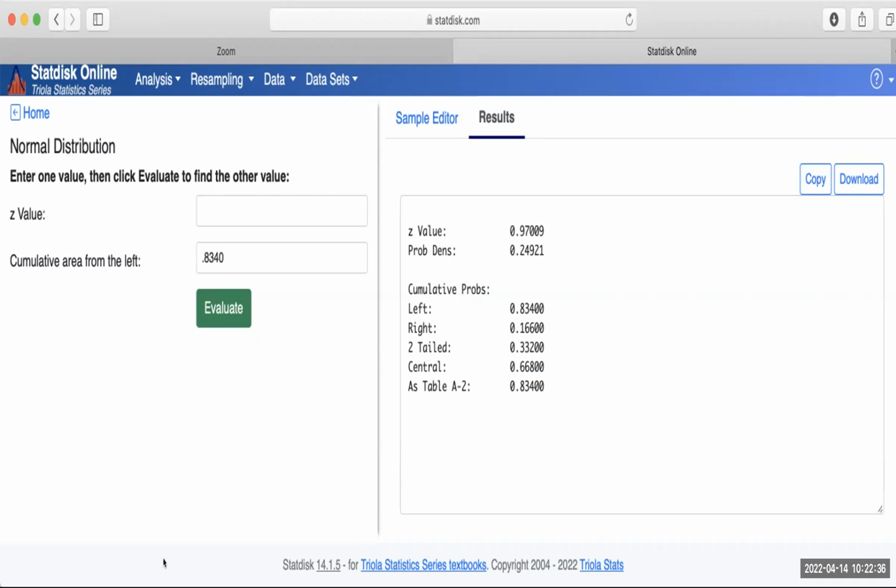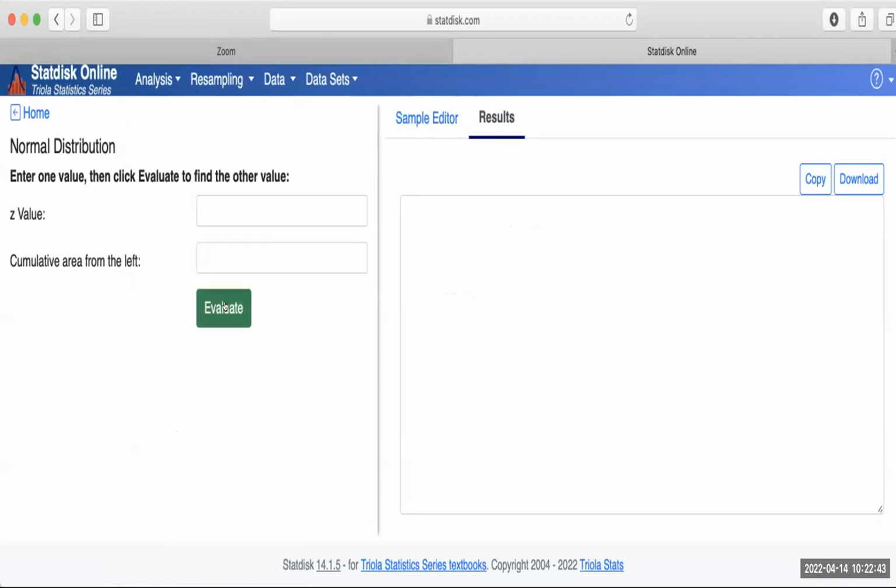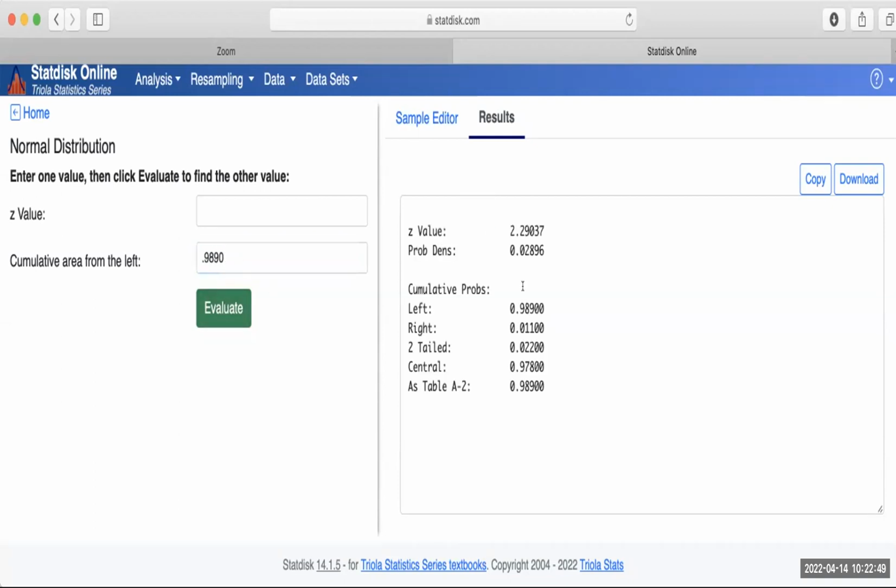I can use that value now to figure out my z value, which I will write down. And so I will type in, again, you go to analysis, probability distribution, normal distribution, and you type in 0.9890, and you find a z value of 2.29037. And then let me type that down.